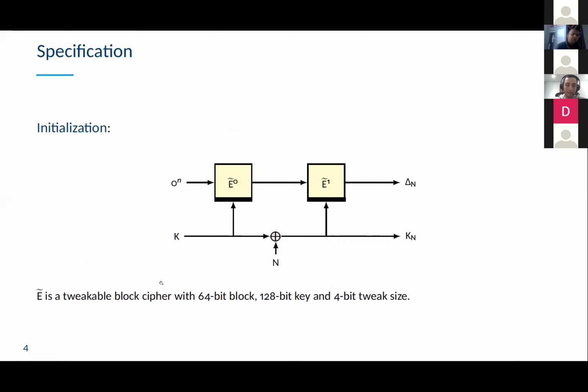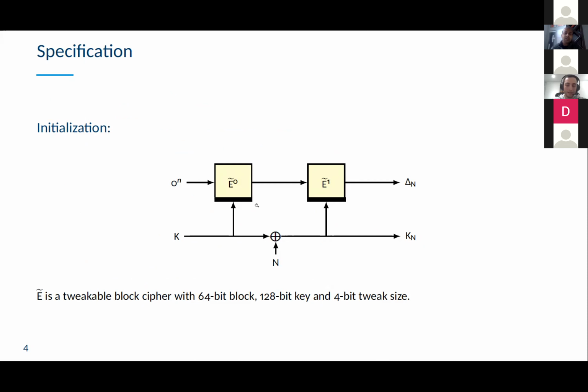Now, I'm coming to the specification. Both LOCUS and Light-OCB adopt this technique of generating an intermediate nonce-dependent key and nonce-dependent mask. So it adopts a tweakable block cipher in its design, and it processes the key and the nonce to compute a nonce-dependent mask and nonce-dependent key.